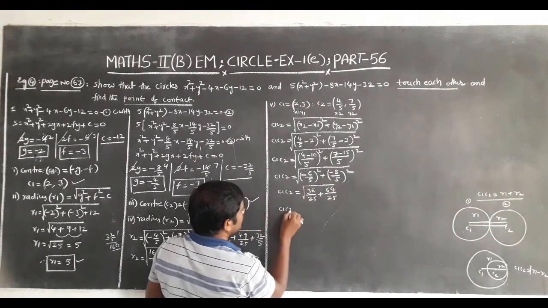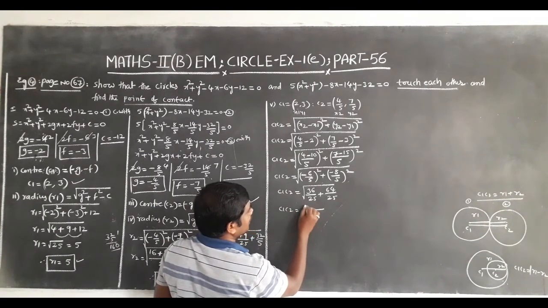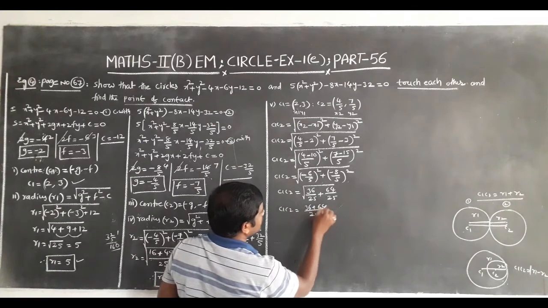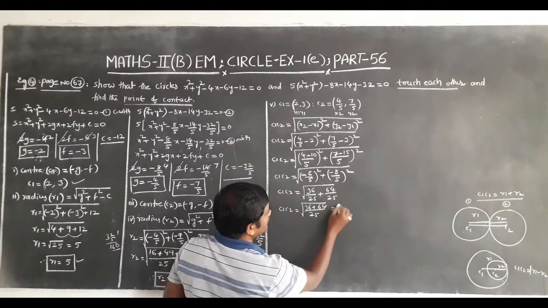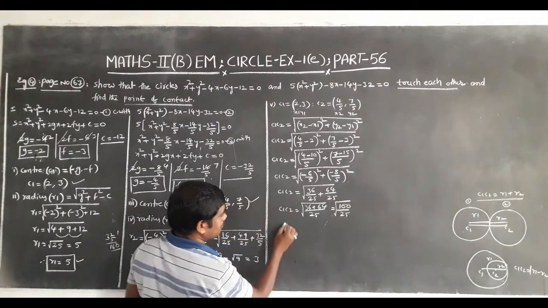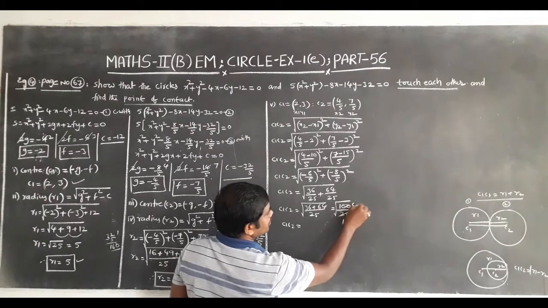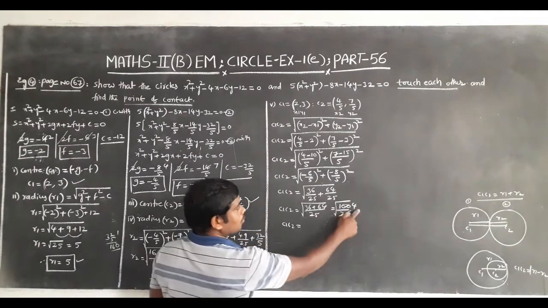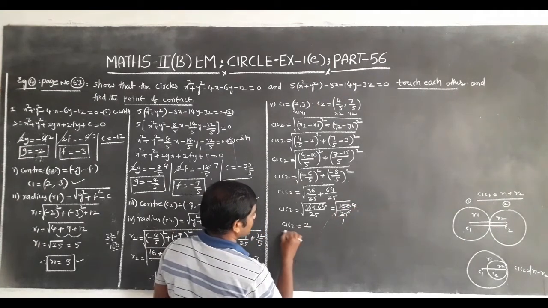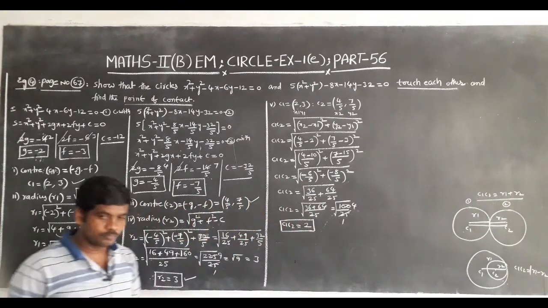Again taking LCM 25: 36 plus 64 is 100 by 25. 25 ones are 25, 25 fours are 100, root 4 means 2. This is the C1C2 value.